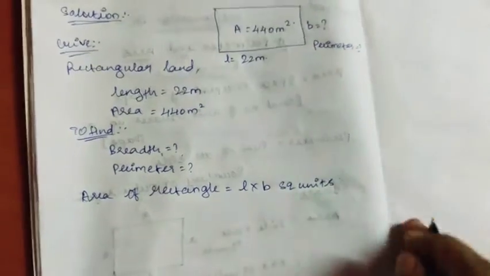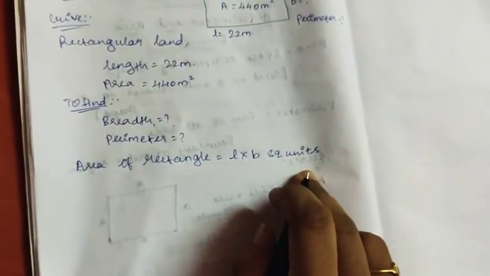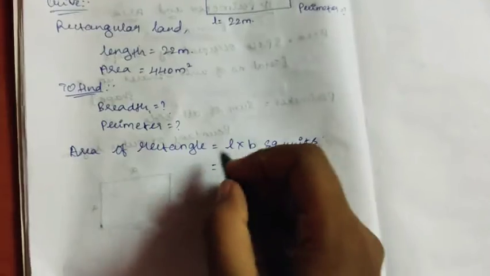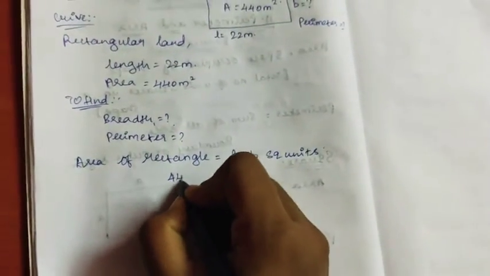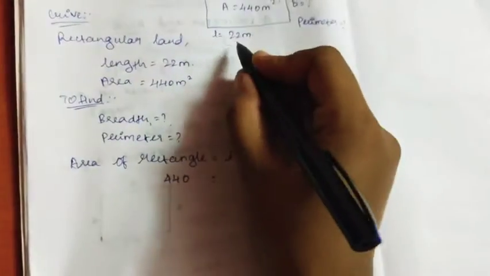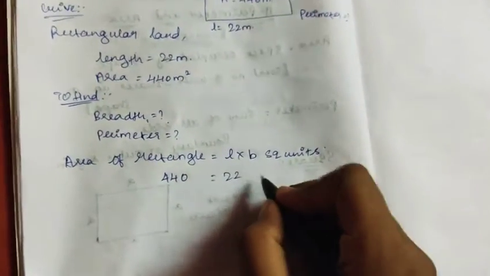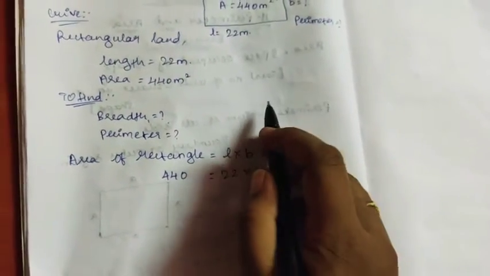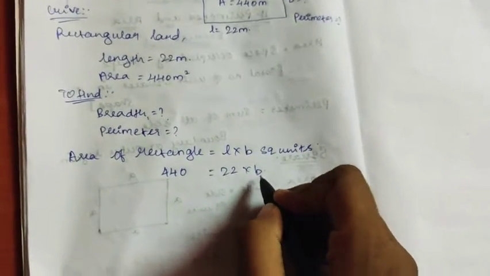Here we have area 440 meter square, so we write 440. We have length as 22 into breadth. We don't know the breadth, so we write it as B.